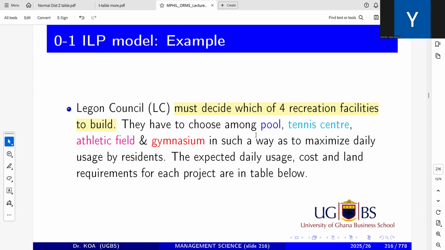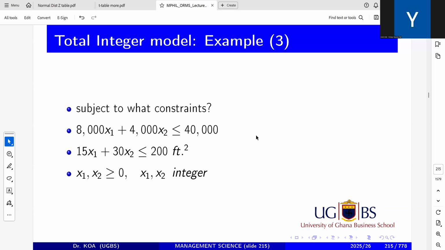So is it okay to put the integer constraint on the line below the non-negativity? Oh, but the comma shows that it's different. See, the others don't have a comma. Yes. Thank you. But you can still put it below.